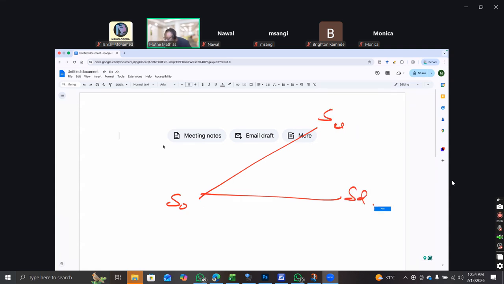And I said we can estimate SU and SD from S naught, by taking this one here, and then you take U, and then of course D, and then S naught. So the question is, how do we estimate this U, and how do we estimate this D? Because once we have that, it's very easy for us to get the price in the upside and the price in the downside as well. So that is what I wanted to cover now. How do we estimate the U and D?